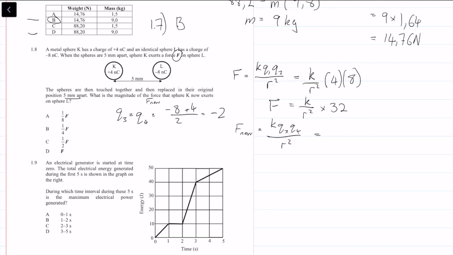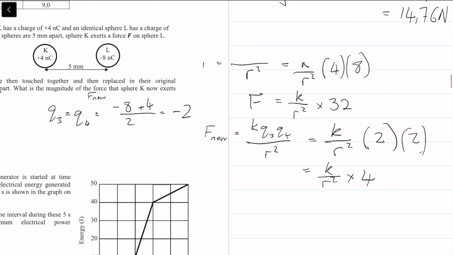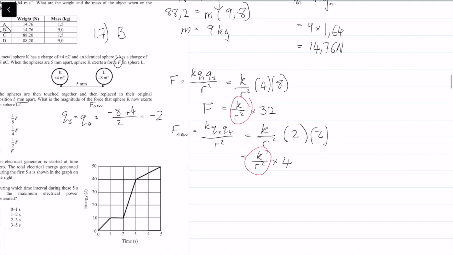So I'm going to take K over R squared, because that's the same, times, again, I only care about the magnitude, and that equals K over R squared times 4. Now I need the new one in terms of the old one. If we look at these two, K over R squared is the same for both, and so F new is going to equal F divided by 8.